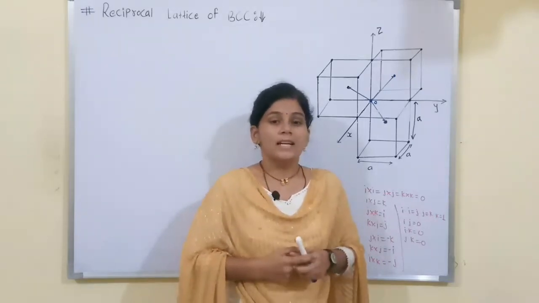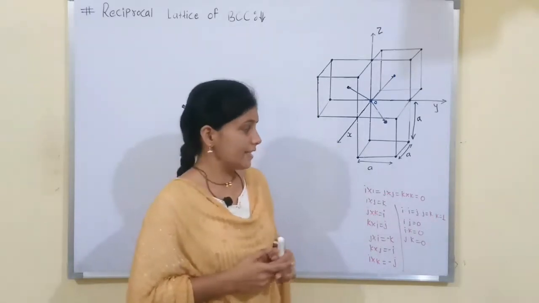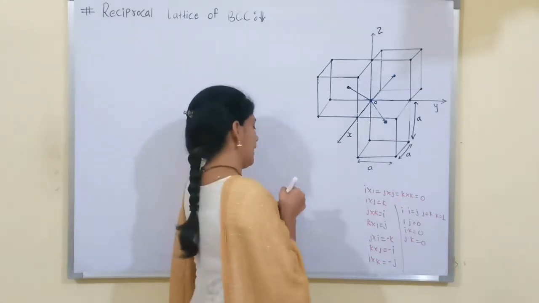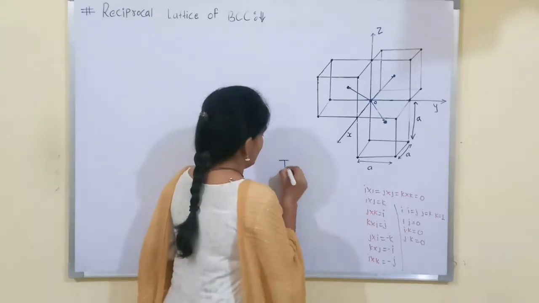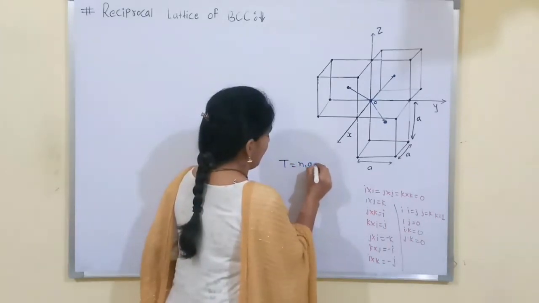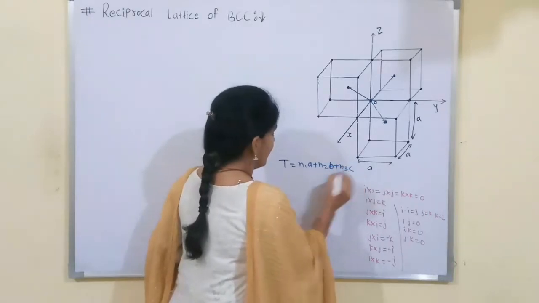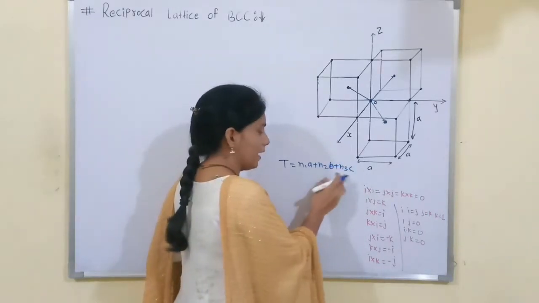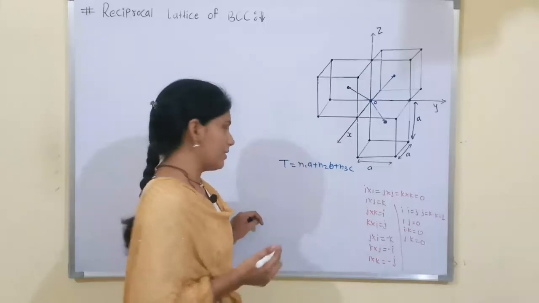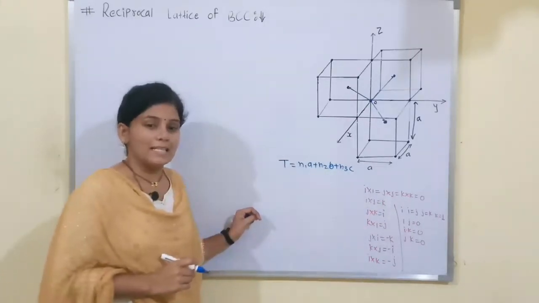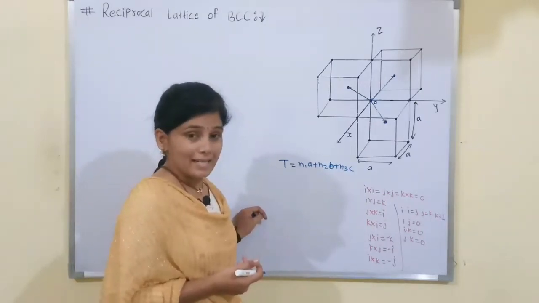It is known as translation operator and it is denoted by T. We write T is equal to N1A plus N2B plus N3C, in which N1, N2 and N3 are the integers and A, B and C are the primitive translation, or we can say fundamental translation vectors.